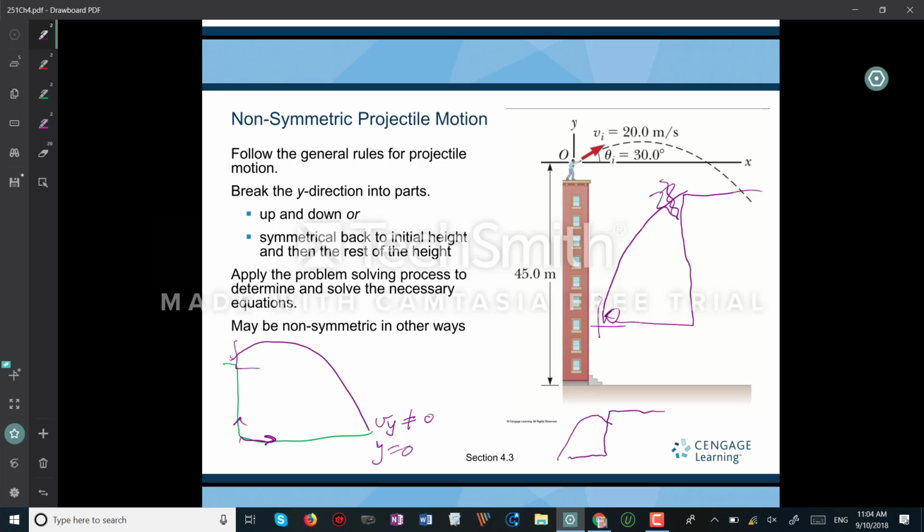When you hit the wall, it's x final equals d, the distance to the wall. So it's what we would call a horizontal constraint rather than a vertical constraint.